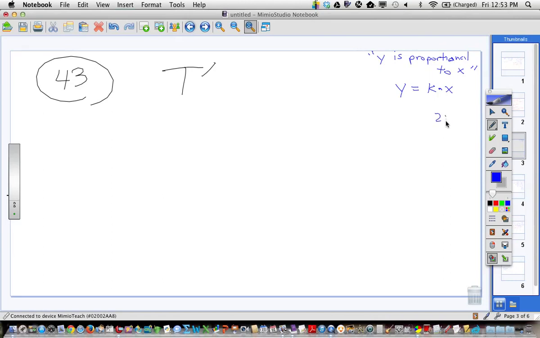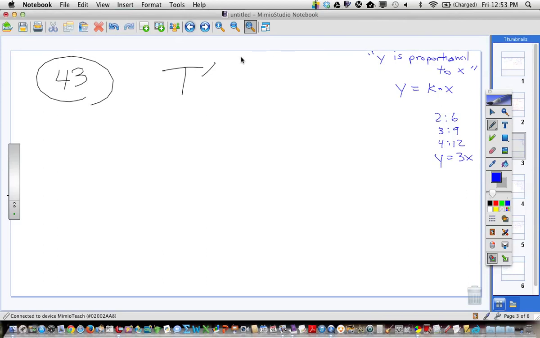Because if numbers are proportional, like 2 to 6, 3 to 9, 4 to 12, what would be the equation that would represent those numbers? Y equals 3x, right? 3 is the constant of proportionality for these numbers. That's what the k is. So when you read y is proportional to x, stick a k in there.